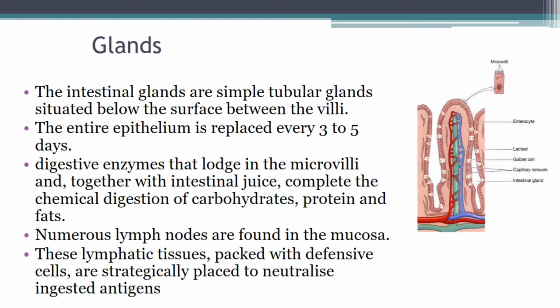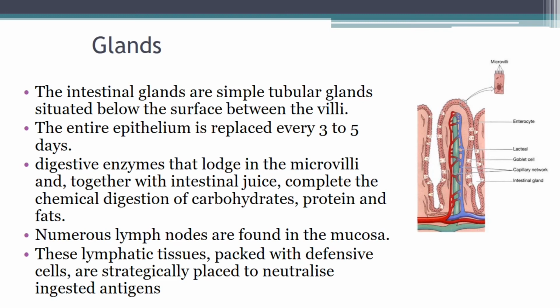The entire epithelium is replaced every 3 to 5 days. The digestive enzymes lodge in the microvilli, and together with the intestinal juice they complete the chemical digestion of carbohydrates, fats and proteins.